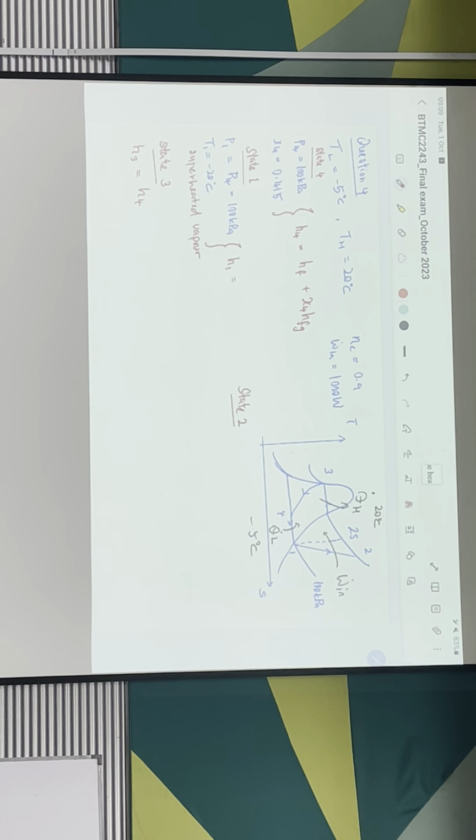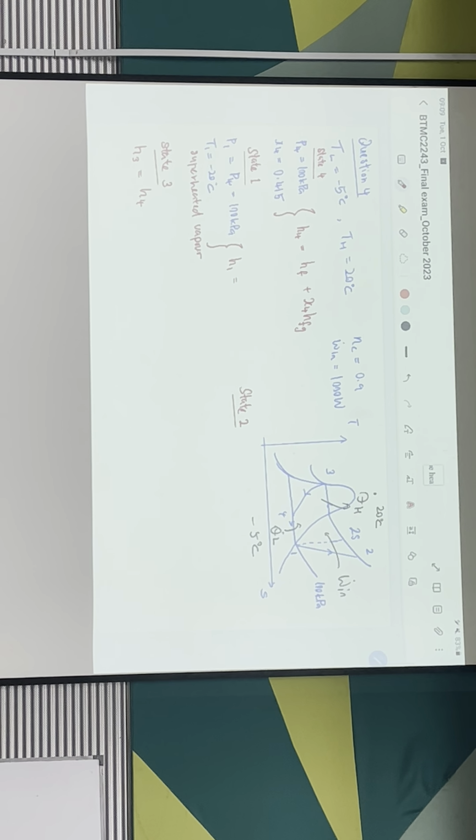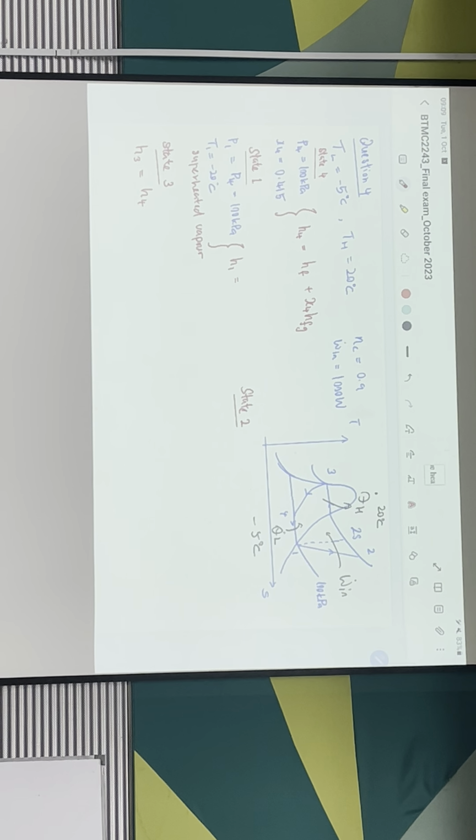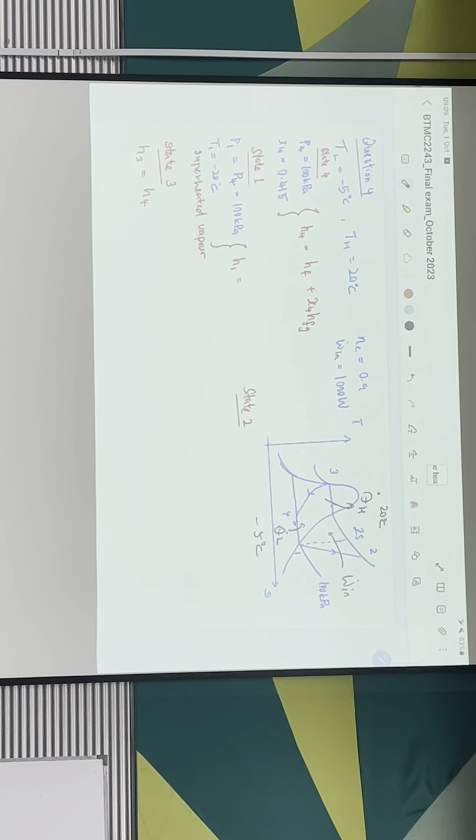Which state can we make use of here? Isentropic efficiency won't be useful for you at the moment. It will be useful slightly later, but that's also one of the things that you need to know. So from which state can we get some form of information here?